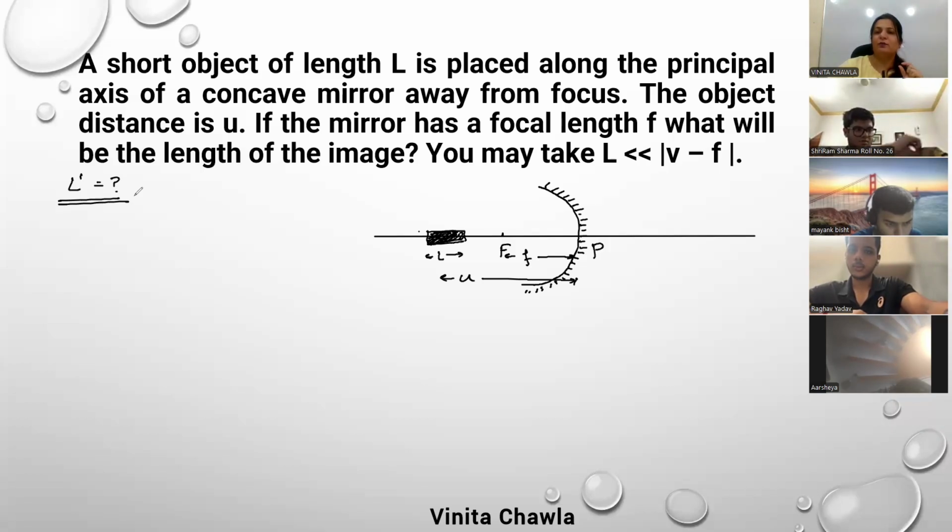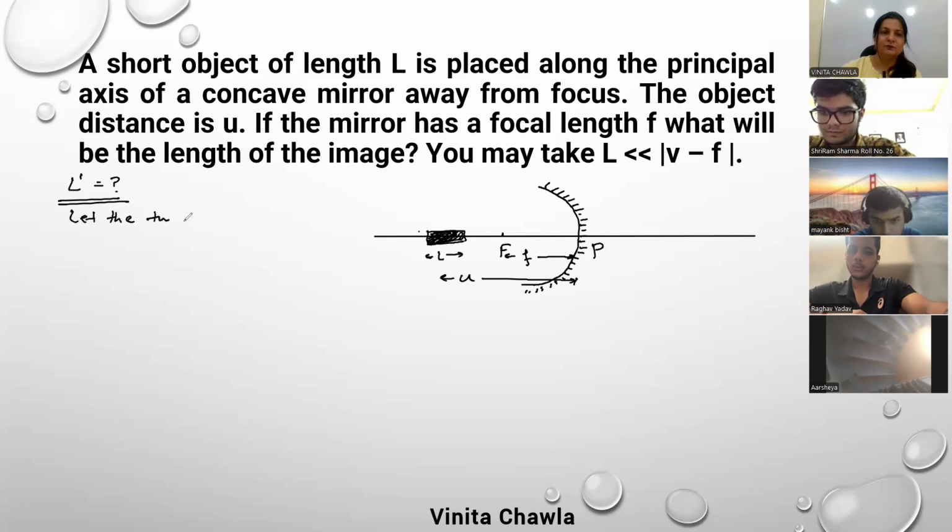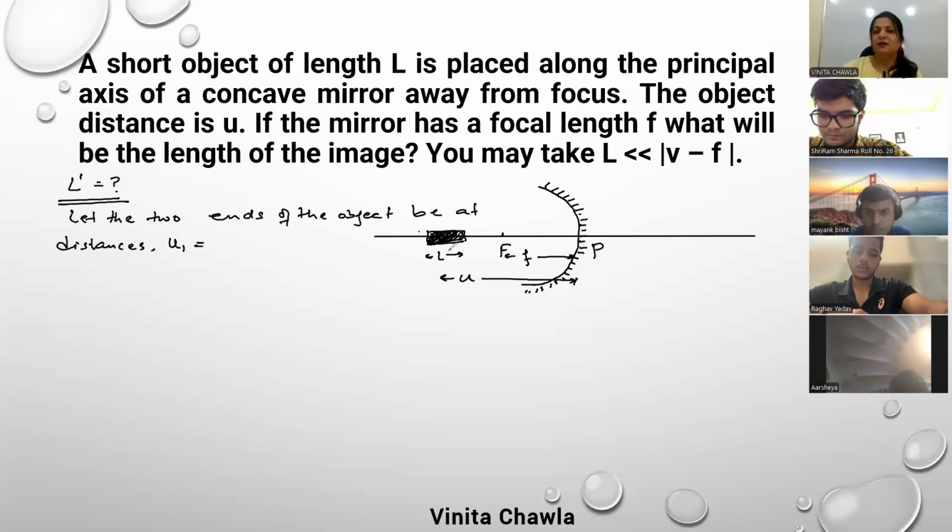Usually we have point objects and we find point images, right? Those are easy. But here we have an object of considerable length. In that case, what will we do? We can write: let the two ends of the object be at distances u1 and u2. We are taking u from the center.